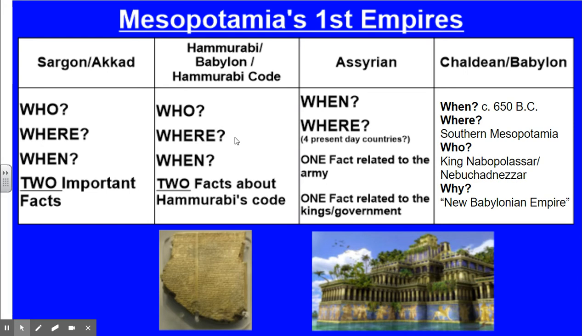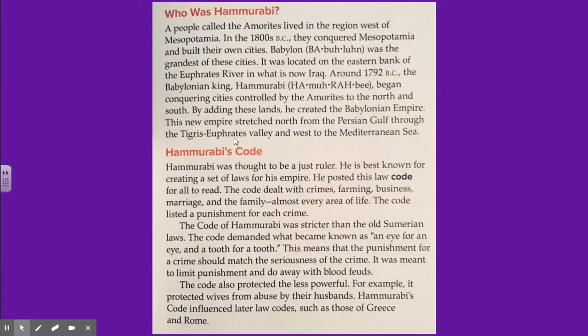Now your where. Okay, your where for this one has a lot of different answers. At the very first line here it says west of Mesopotamia. So maybe you caught on to that one. Maybe you caught on to this one that says it was on the eastern bank of the Euphrates River. Or you even caught on to this one where it says it's now in present day Iraq.